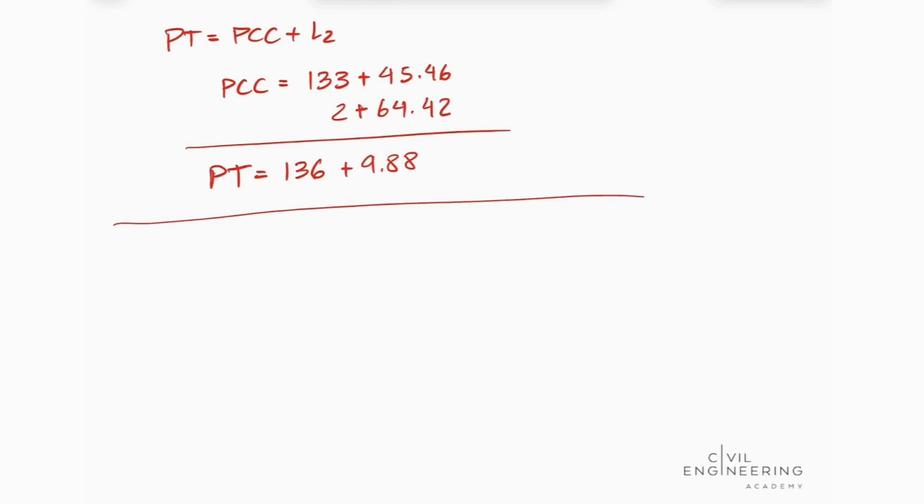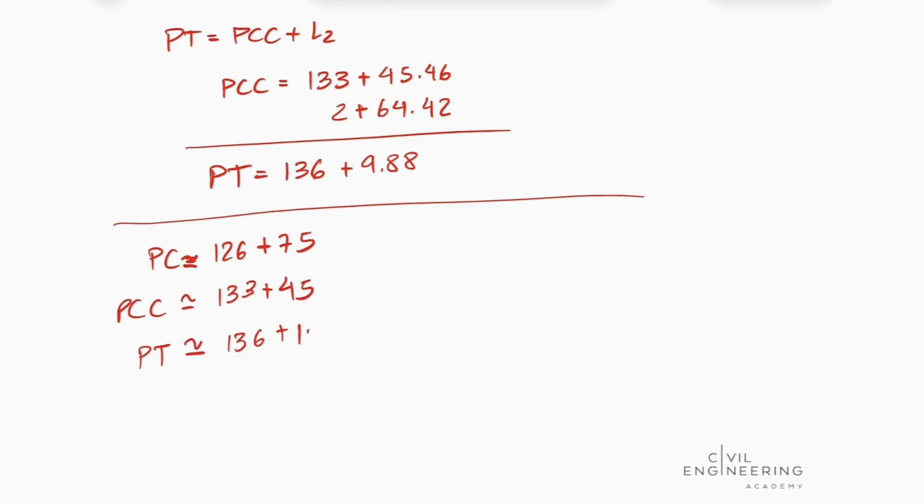So if we do some approximation here, we'll see that the PC is nearly 126 plus 75. Our PCC will be close to 133 plus 45, and our PT will be close to 136 plus 10, and this will give us the correct answer, which is option C.